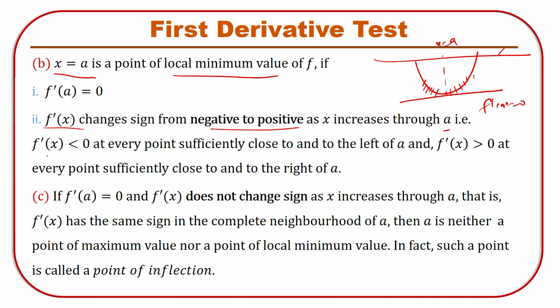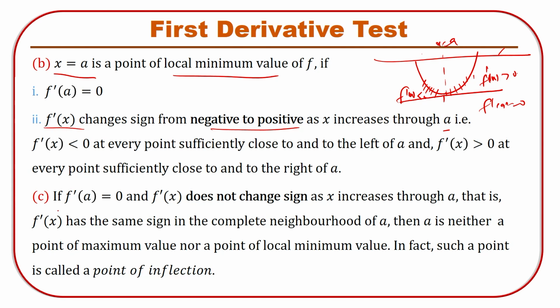That means f dash of x is less than 0 at every point sufficiently close to and left of a. So, this means f dash of x is less than 0, while on the right hand side f dash of x is greater than 0.